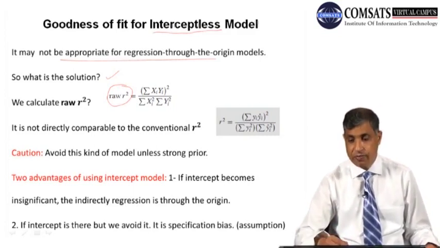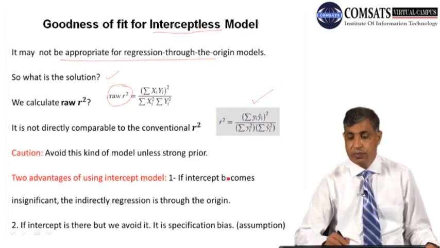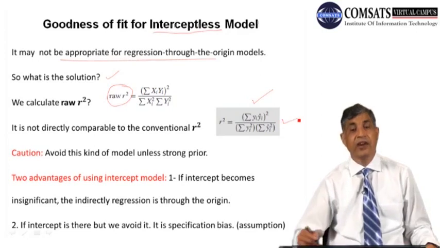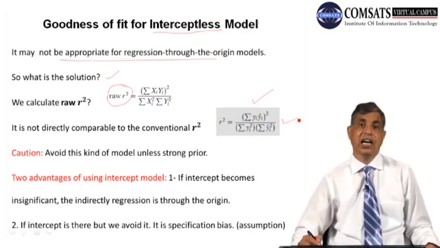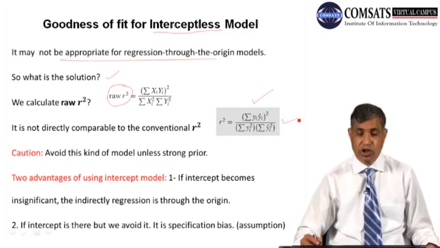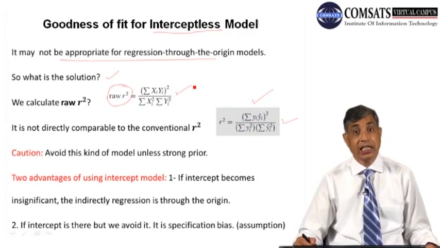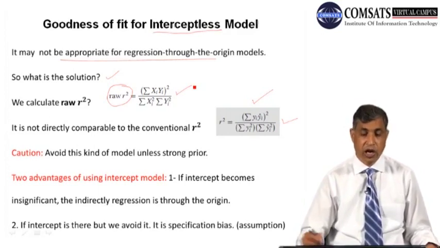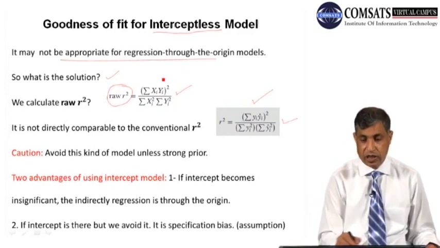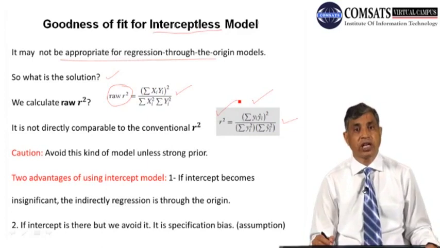And look at this, I have brought here the formula for you. For the previous R square, it was the summation of yi and yi hat, and interestingly, here yi and yi hat are in small notation. Now you can see that here is the sum of squares, or raw sum of squares. When the intercept is present, you should use this formula for the measure of goodness of fit.